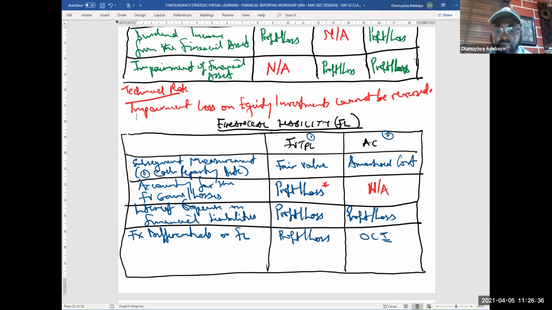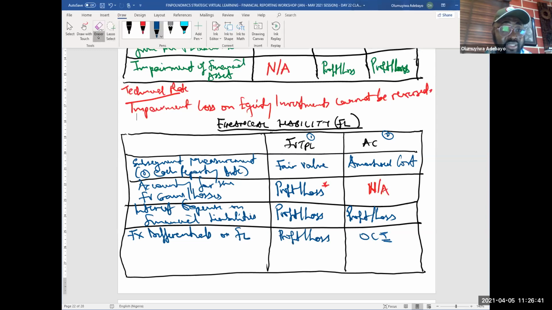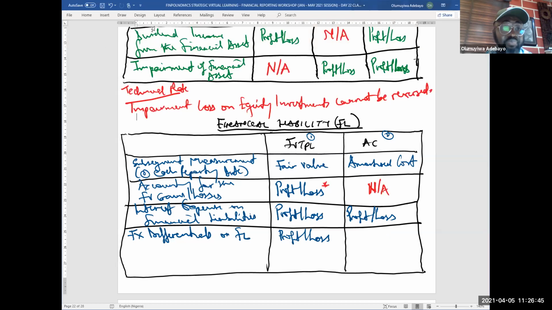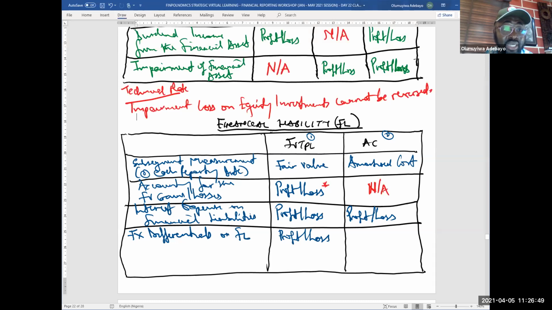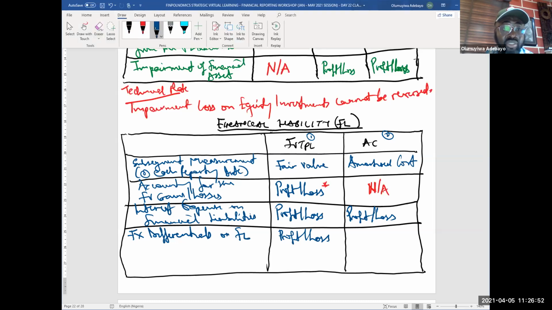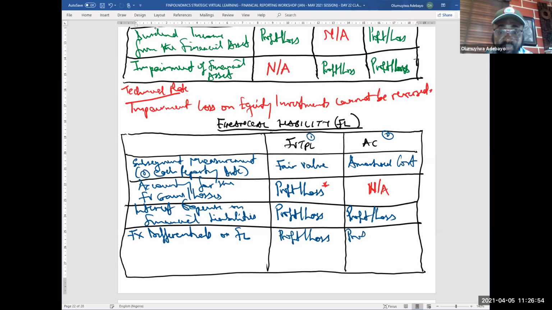OCI. Sorry, I thought I'm in the assets. This also goes to profit or loss. I think I didn't consider that for an asset. I'll also go back there to discuss it with respect to assets.